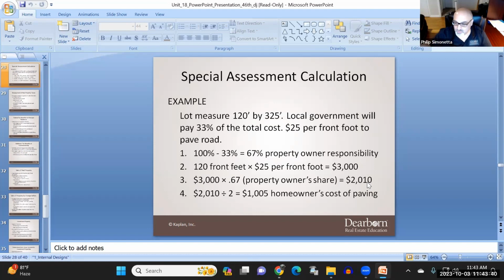However, there's two sides of the street, right? So they each pay half. So you divide it by 2, and there's your answer, 1,005. On your test, this answer will be there too. Okay. You always got to remember that divided by 2 at the end. Okay.